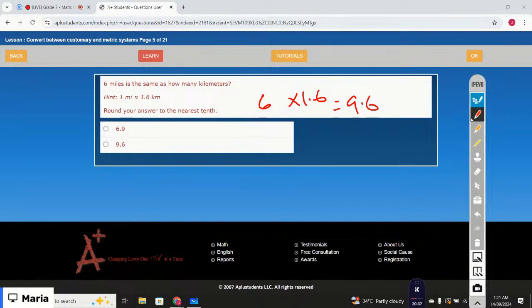The correct option is 9.6. Option number 2 is the correct option.